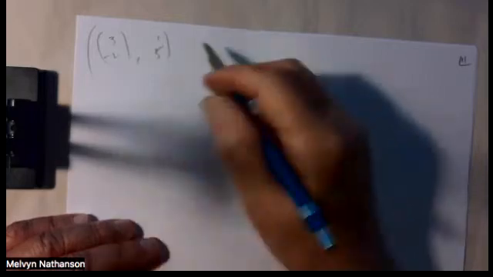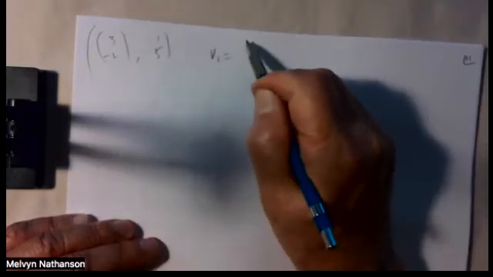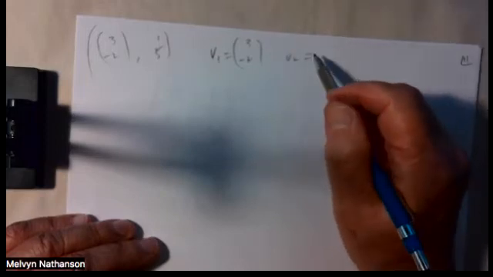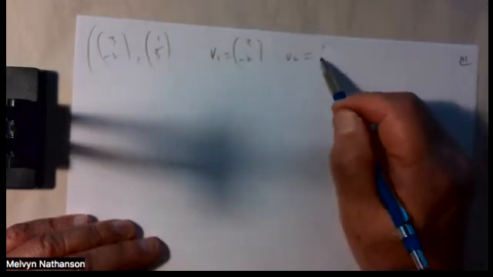And we want to use the Gram-Schmidt process to construct an orthonormal basis. So let's say I let V1 be the vector 3, minus 2 and V2 be the vector 1, 5.